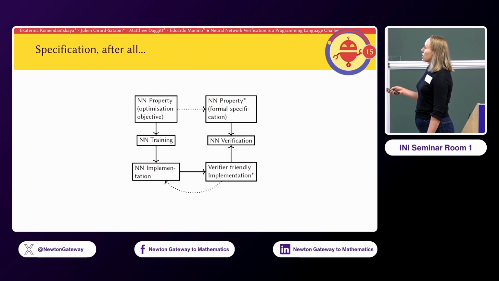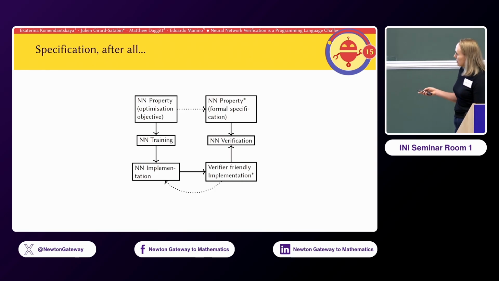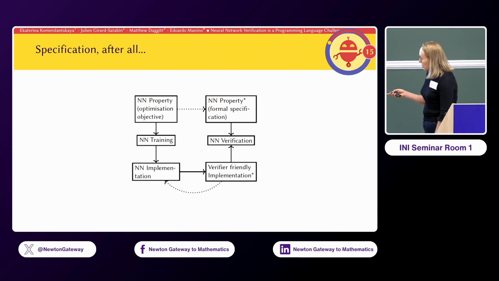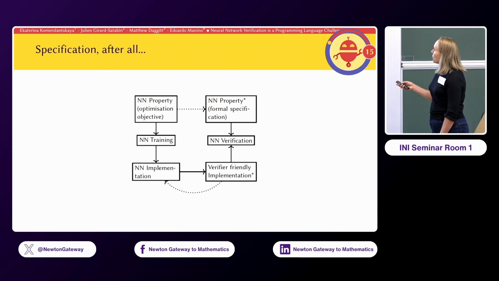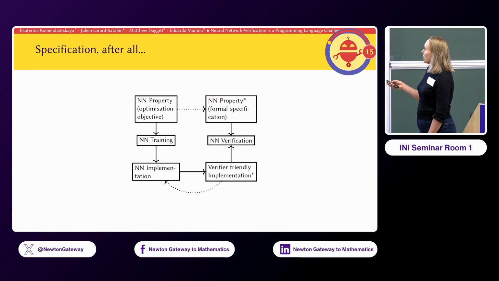They would also need to take this implementation from the machine learning people and convert it into a representation that's good for an SMT solver. This is called ONNX, Open Neural Network Exchange format. And then they would feed their verifier with the property and with this implementation, which we think is equivalent to this.